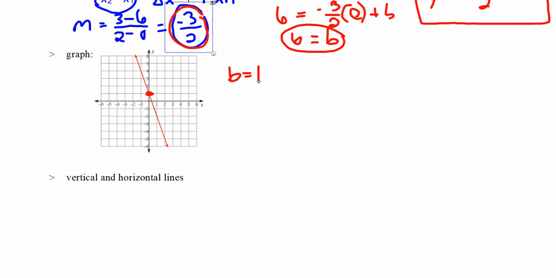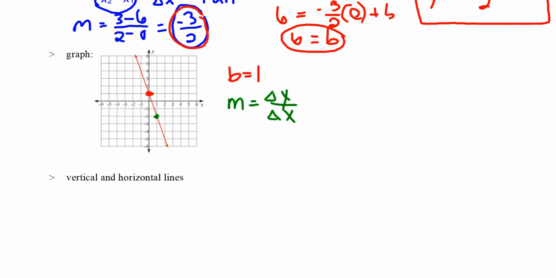I also need to know what the slope is. And remember, slope we said is change in y over change in x, or rise over run. So I want to choose another point that I can read, one that goes exactly through the grid points. And I want to find out what is the change in y from one point to another, and what is the change in x.